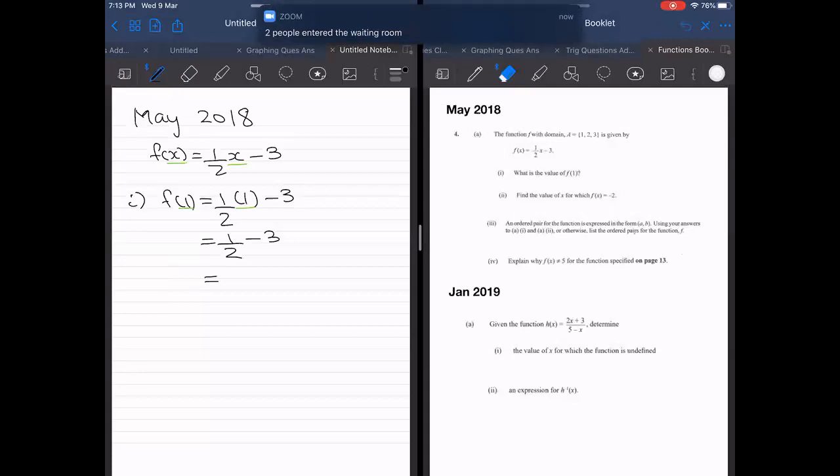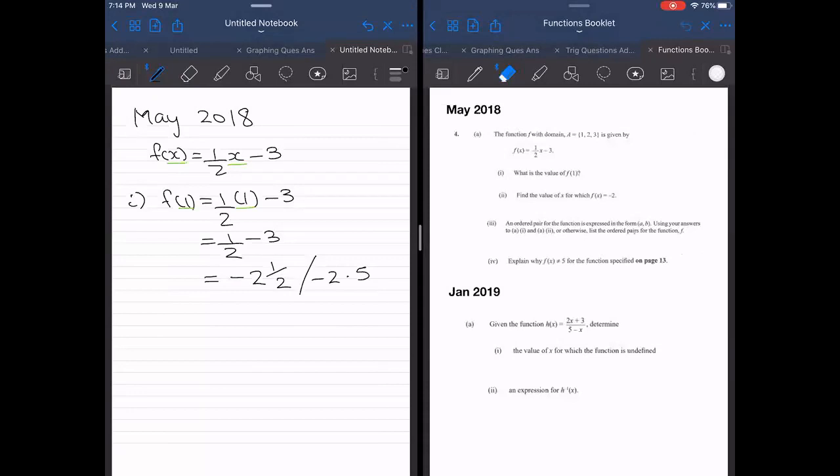You should be getting minus 2.5. Right, so you can put it in the calculator, minus 2.5. Any of those would work.